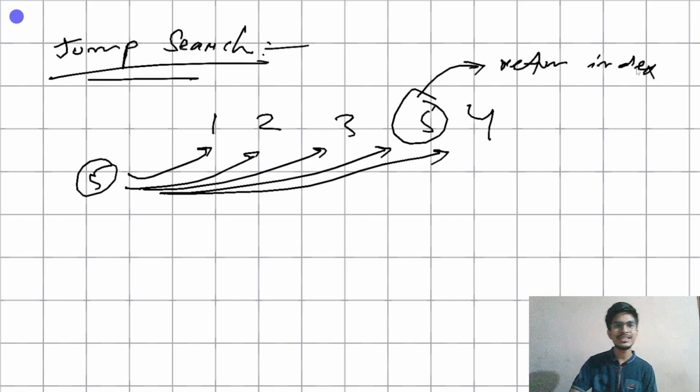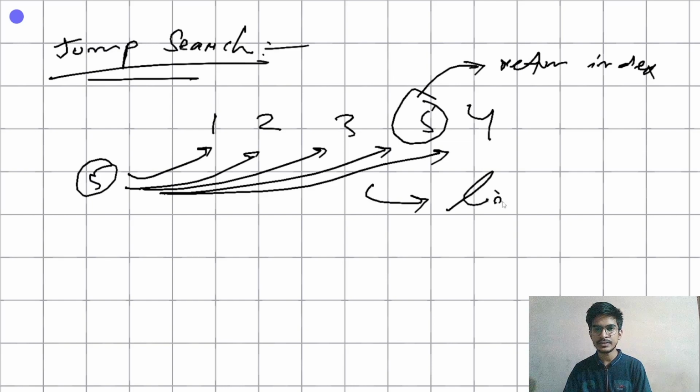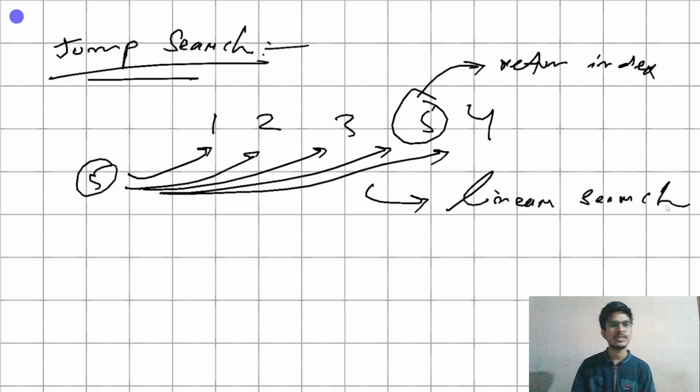This is linear search. We're comparing with every element in the array.